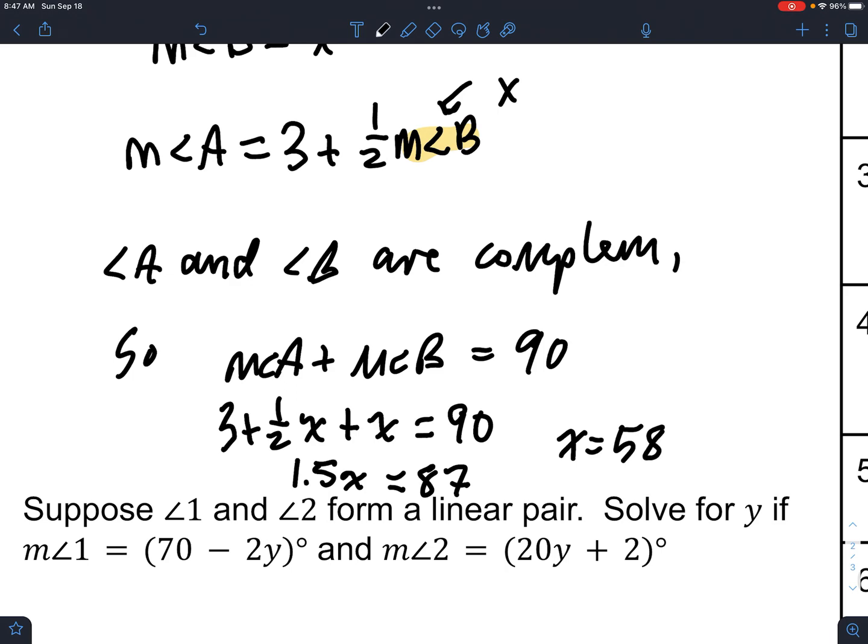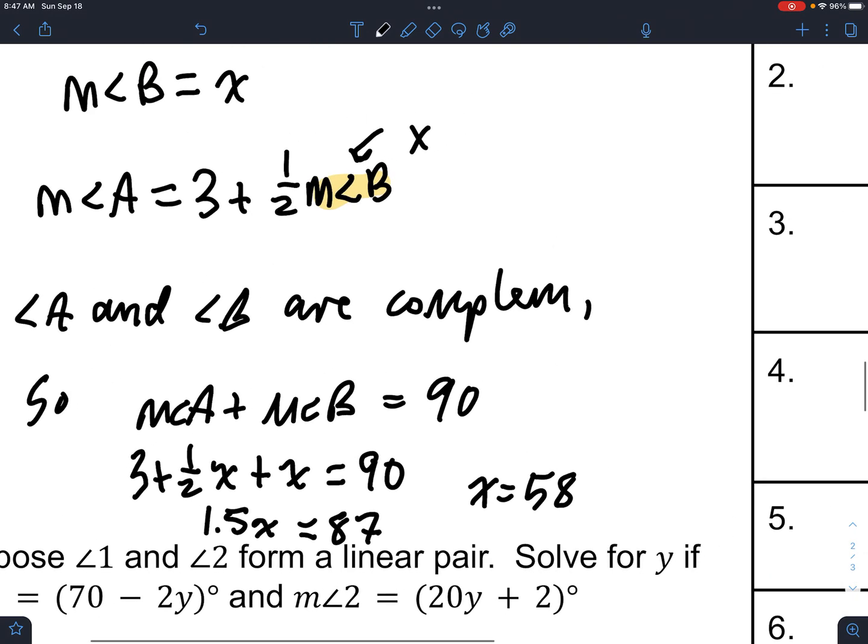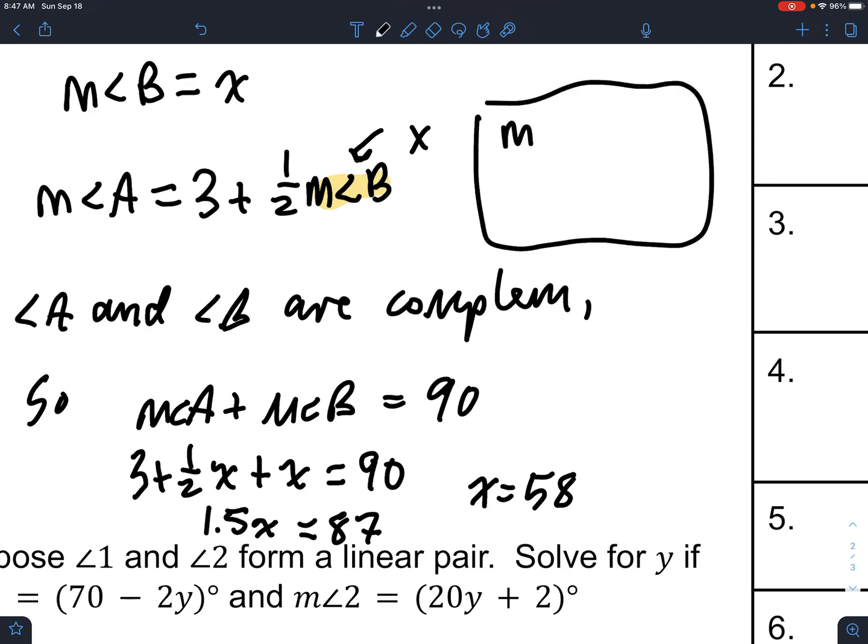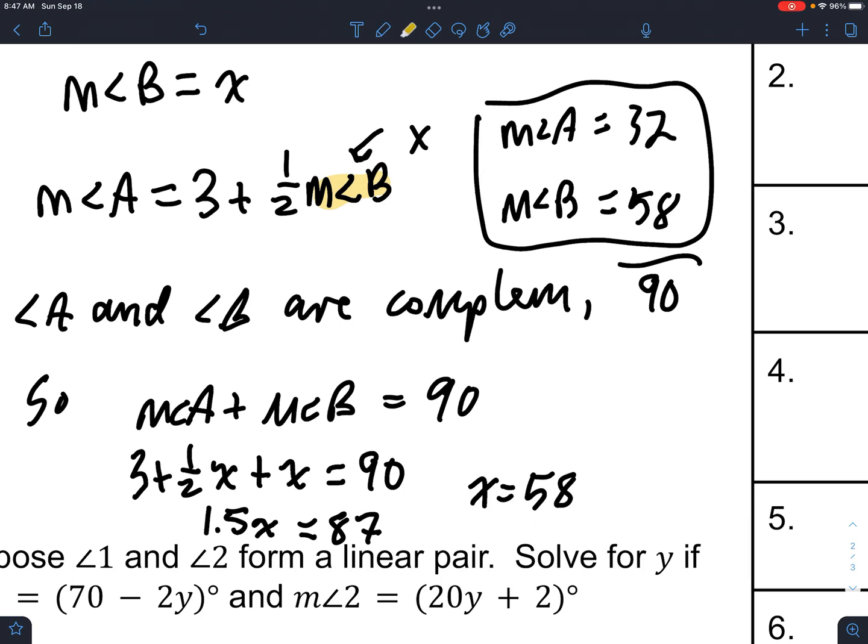Yeah, that seems to check out. You could have also multiplied that whole equation by 2. But in any case, the measure of angle B is just x, so this is 58. And then A must be, this has to add to 90, so I know for a fact this is 32. Or you could plug back in 58 into this equation.